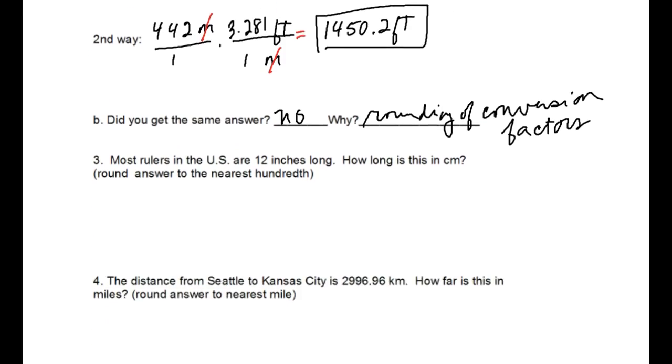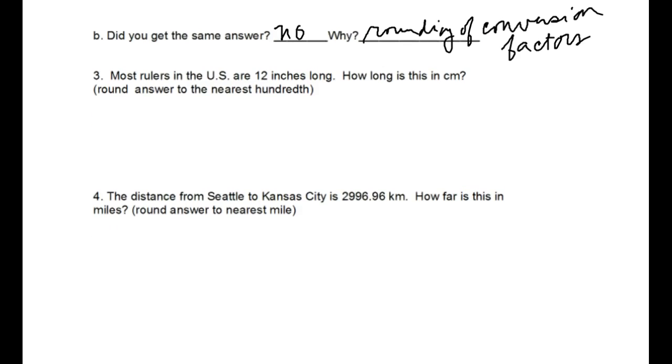So here's another one. Most rulers in the United States are 12 inches long. How long is this in centimeters? And it says to round the answer to the nearest hundredth. Okay, so we want to take 12 inches and see how many centimeters that is.